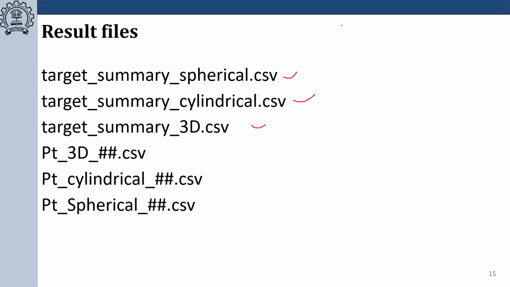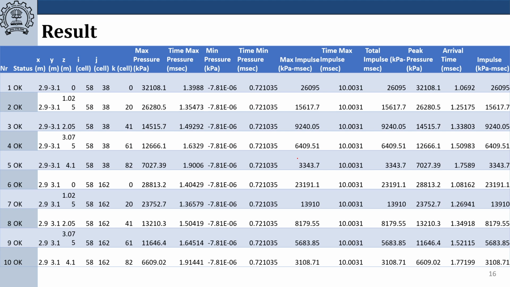First the one-dimensional geometry summary will be provided, then the cylindrical geometry summary, and then the three-dimensional geometry summary. Other than that, you will get each target point's data separately. From this you can extract your incident and reflected pressure; all the data can be extracted.